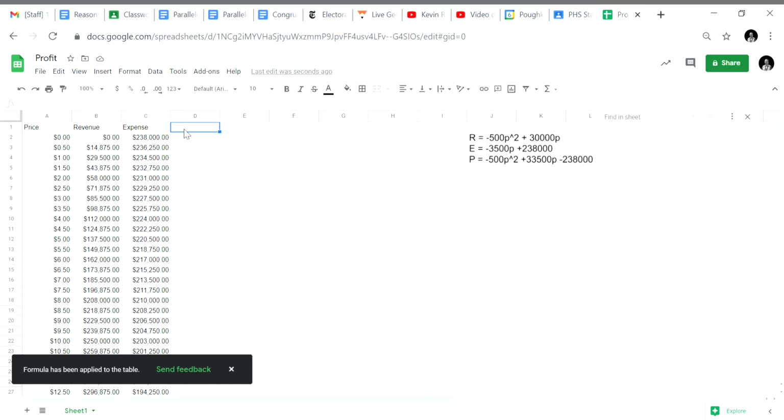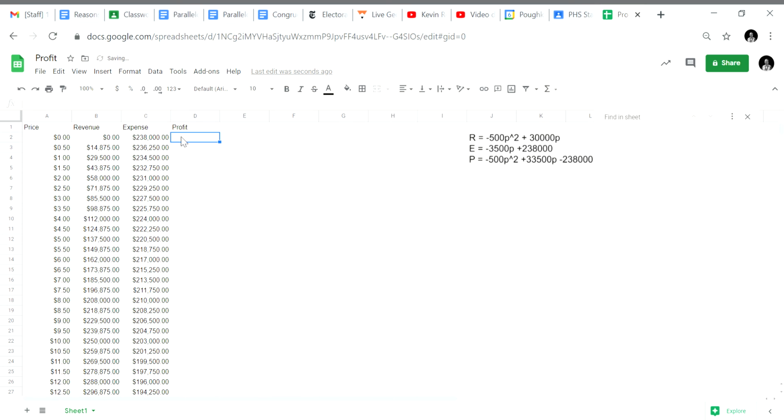And lastly, let's enter profit. And profit is going to be the equation negative 500 times cell A2 squared plus 33,500 times A2 minus 238,000.